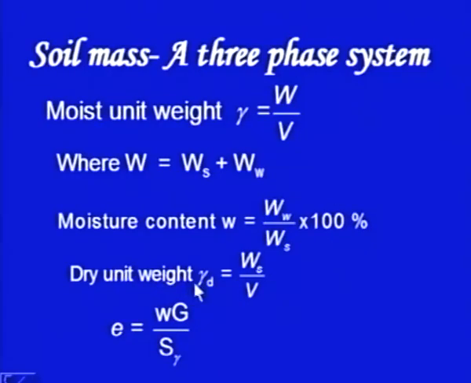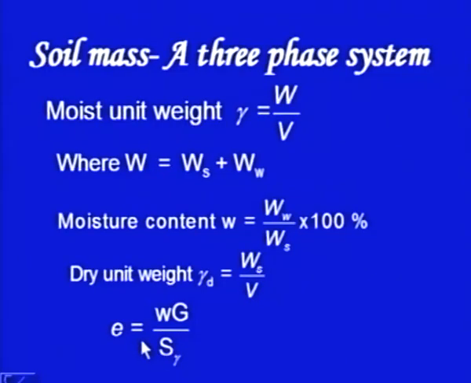The dry unit weight gamma d is defined as the dry weight of the sample divided by total volume V. You can note down, if you have a sample at a natural moisture content and you dry it, the volume is not going to change, it is going to remain the same. So, the water is dried, it becomes Ws, the weight of solids, and dry unit weight is defined as Ws upon V.